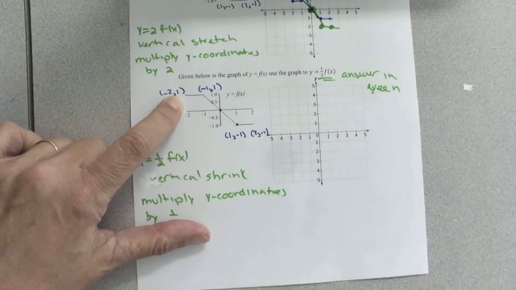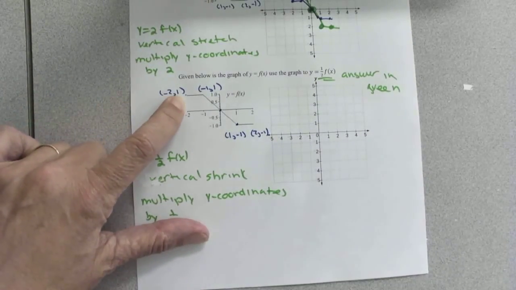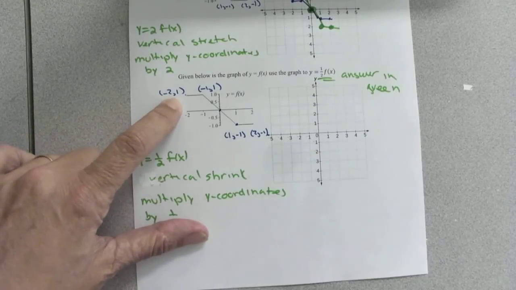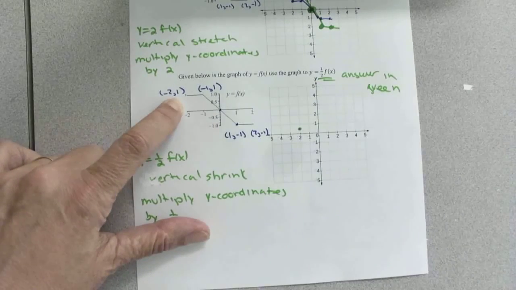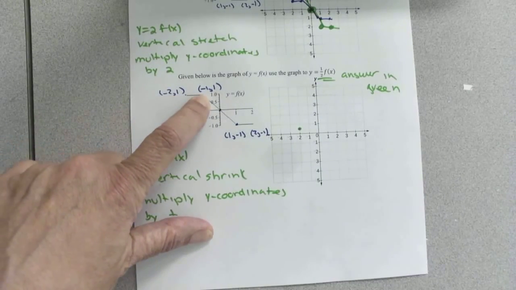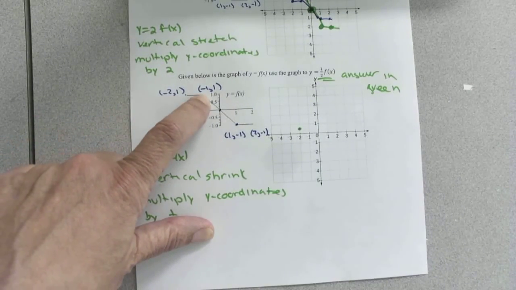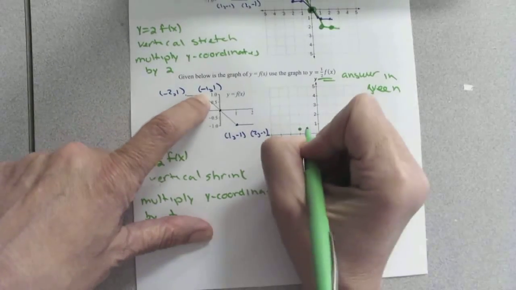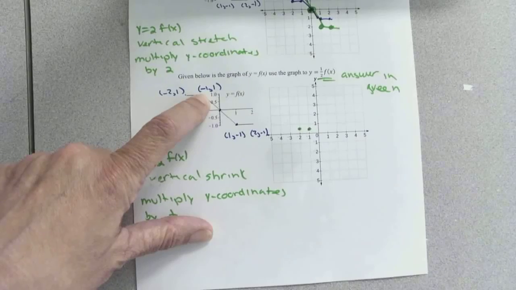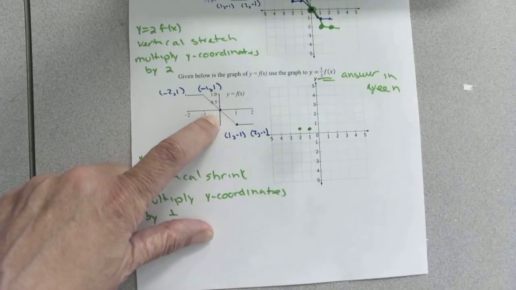So again, just multiply every y coordinate by 1/2. So I'm going to have the point -2, 1/2 right there. Okay, go to this point. Multiply the y coordinate by 1/2. So it's going to be -1, 1/2 right there. 0, 0. Multiply the y coordinate by 1/2.